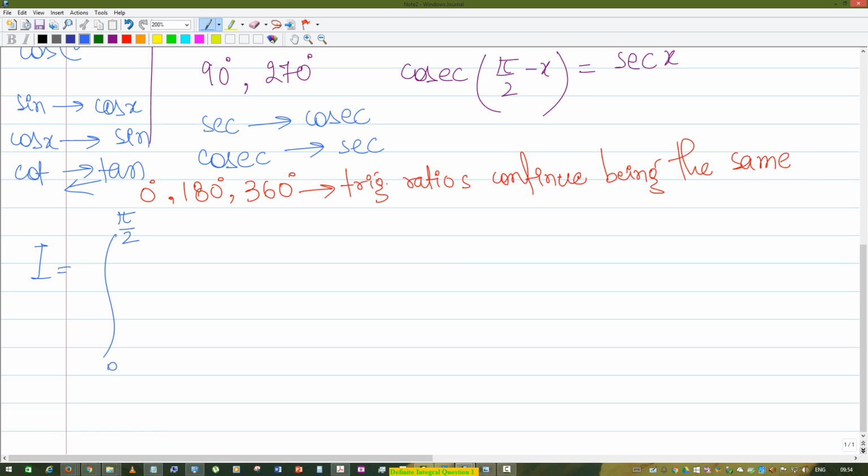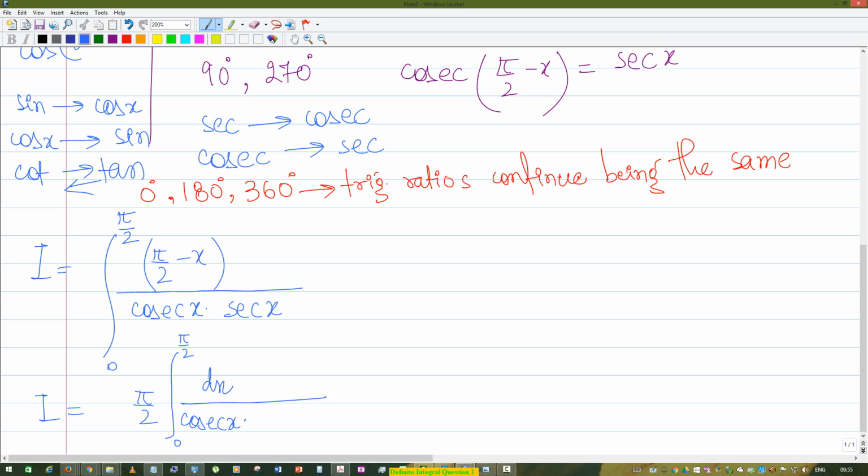So I is the integral from 0 to pi over 2 of (pi by 2 minus x) upon cosec x secant x. We'll take the pi by 2 outside the integral sign since it's a constant value, and this will become pi by 2 times the integral from 0 to pi over 2 of dx over cosec x secant x, minus the integral from 0 to pi over 2 of x upon cosec x secant x.